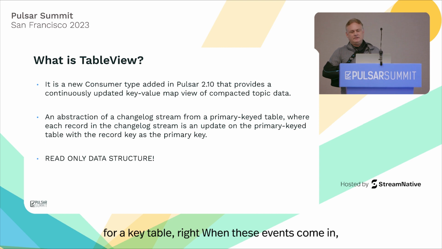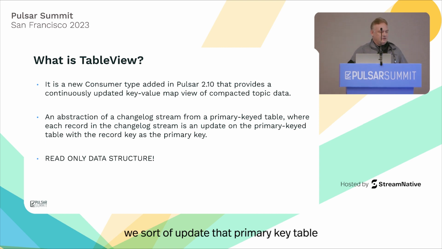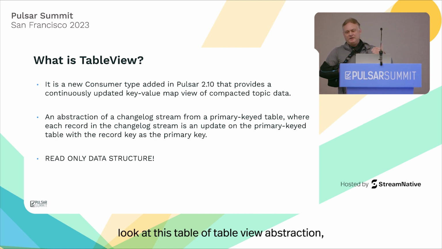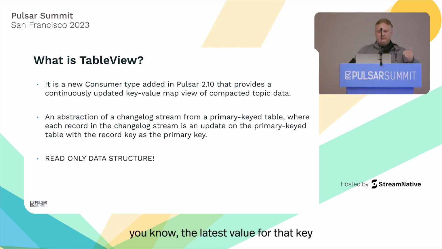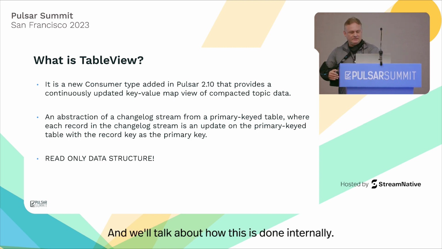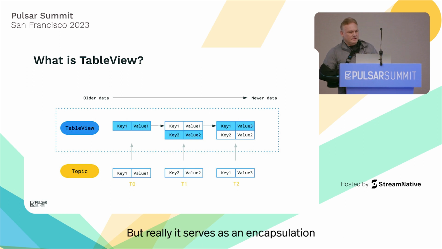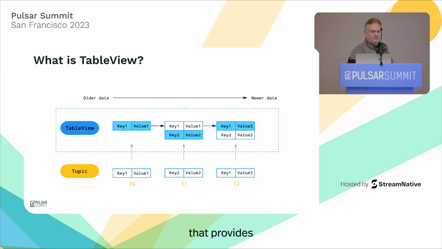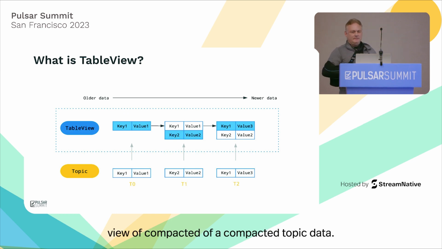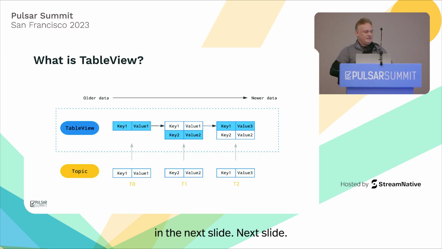When these events come in, we update that primary key table with the newest value, and then when you look at this table view abstraction, you know the latest value for that key that was processed, right? This makes it much more convenient to do certain things, and we'll talk about how this is done internally. But really, it serves as an encapsulation access pattern that provides a continuously updated key-value map view of compacted topic data, and we'll talk about the implementation in the next slide.